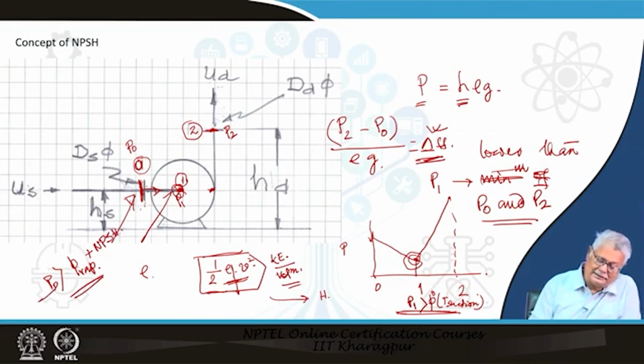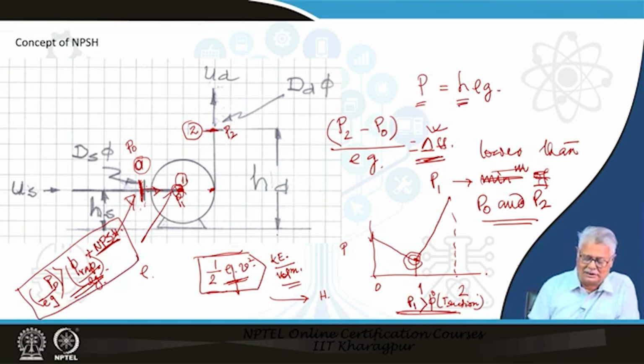Now, since he said it is head or meters of the liquid, I am going to divide this with rho g, everything gets converted into head, and this is the condition which is imposed by the manufacturer.